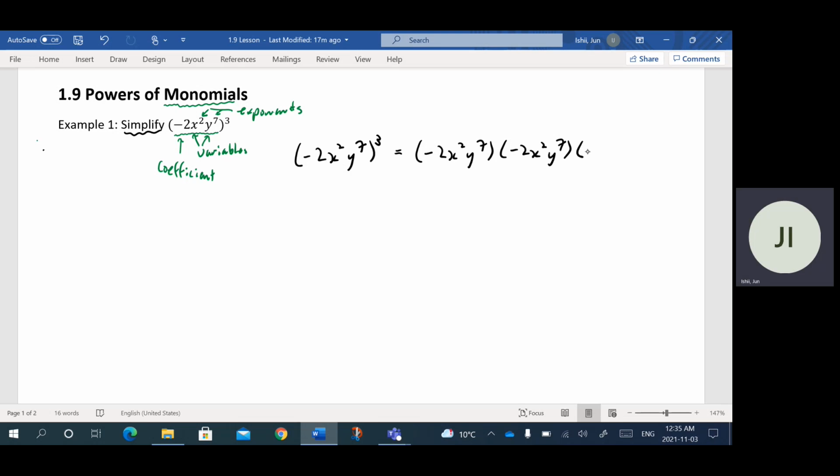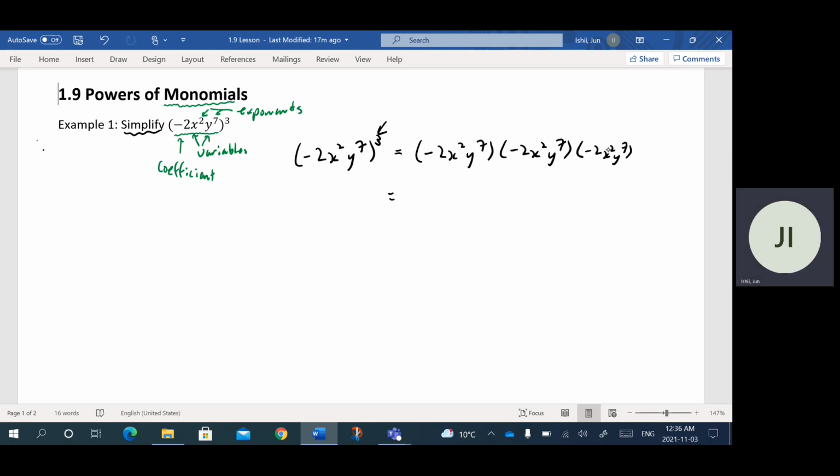So this is the same as multiplying that monomial, which is in the brackets, by itself 3 times. Each of these monomials has 3 items to them, so we're actually multiplying 9 things together.